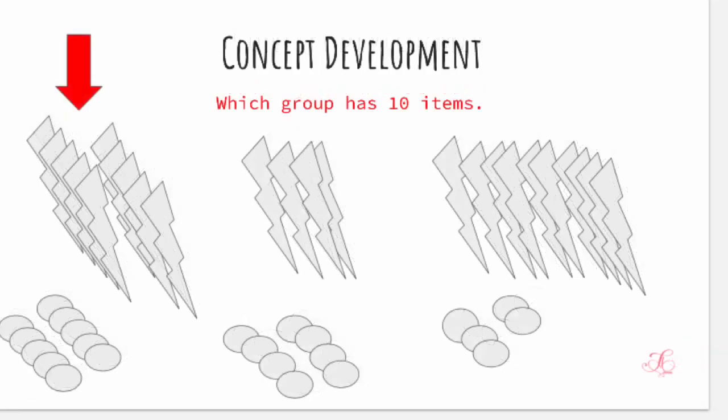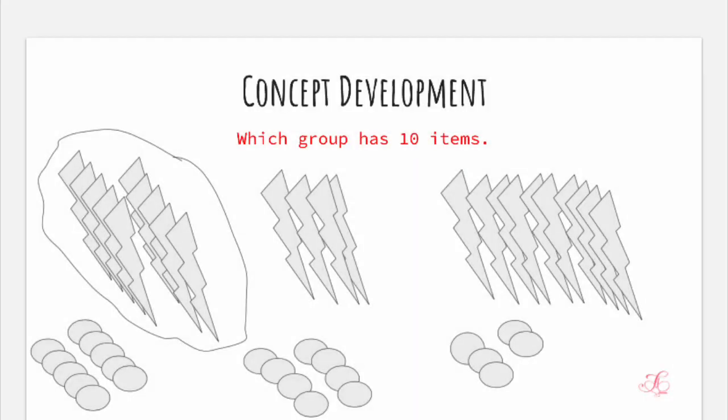All right, let's count. 1, 2, 3, 4, 5, 6, 7, 8, 9, 10. We have 10. We're going to circle that group of 10. After we circle that group of 10, we call it 10 ones. We have one group of 10 ones.